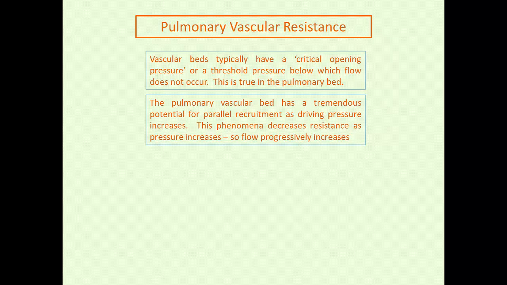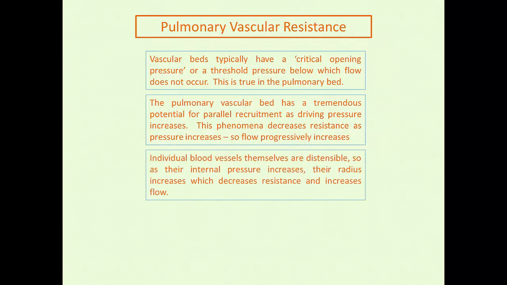And this occurs normally when you start to exercise. A large portion of your pulmonary capillaries may actually be de-recruited, and then as you start to increase pressure in the pulmonary bed, you have this dramatic increase in flow. It's an exponential increase in flow, and that's because resistance is dynamically decreasing as you're recruiting pulmonary vascular beds, and you're also distending the pulmonary vessels, so this facilitates that physiology.